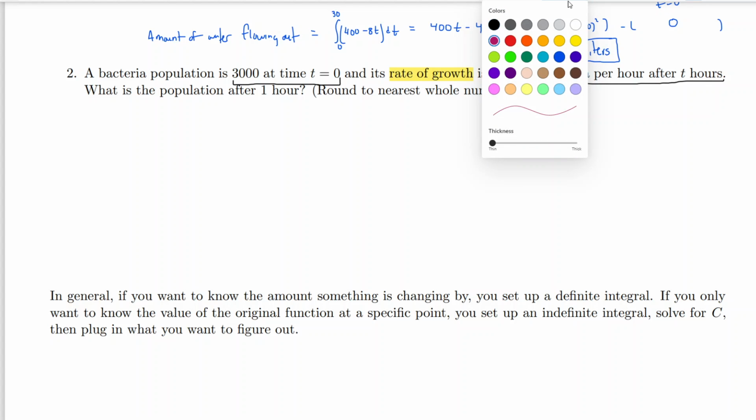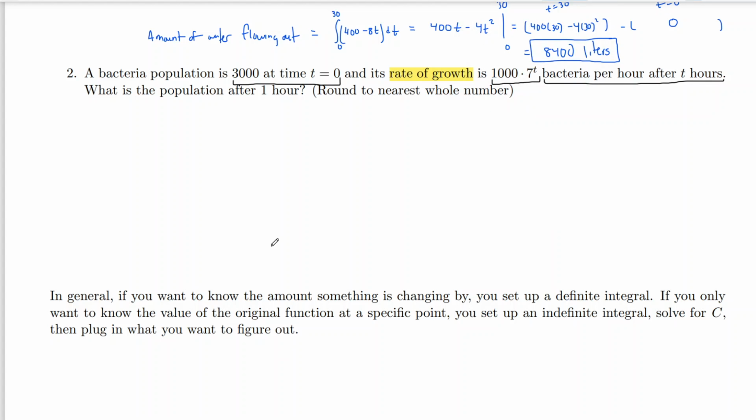Well, the reason why this is going to be set up as an indefinite integral is we want just something happening at a certain point. So let's pretend that P of t equals the population at time t. So just giving a name to reference. What we want is P of 1, because the rate of growth here is the bacteria per hour after t hours.